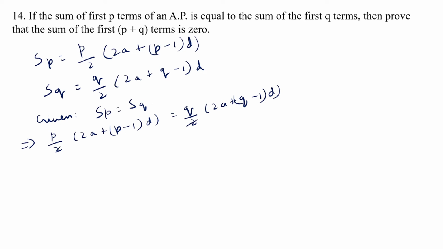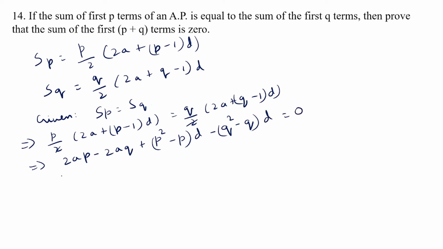So let us try to simplify this. So from this we get 2ap minus 2aq, plus (p square minus p) into d minus (q square minus q) into d, this is equal to 0.